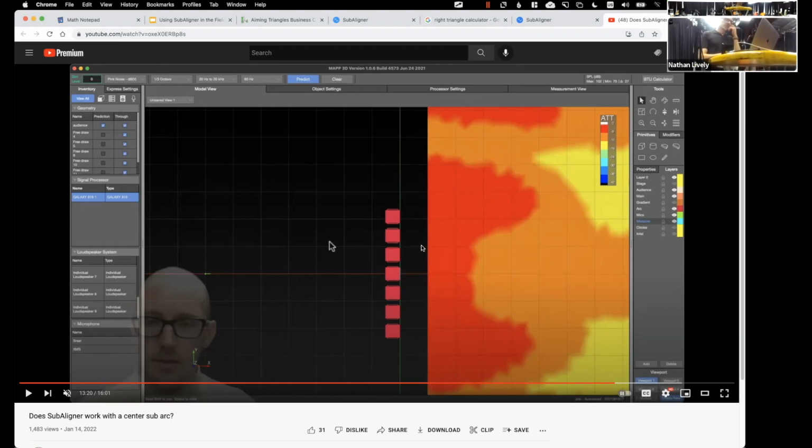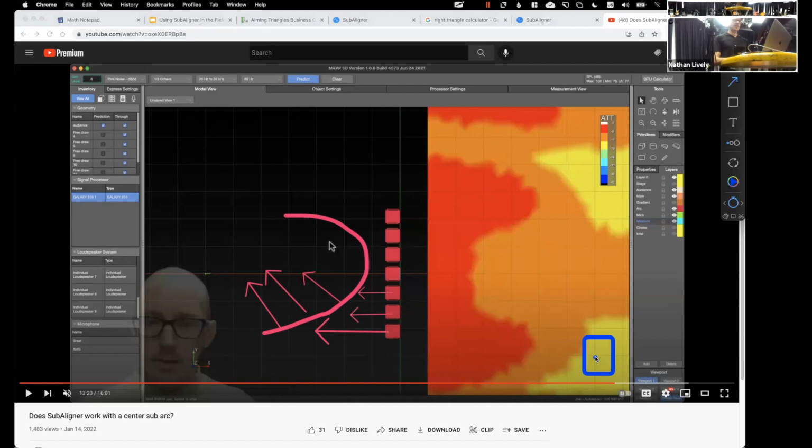Then measure each of these subwoofers solo and see which of them most closely approximates the combined reference. That way, when you get into the field, you can say, okay, I know that I need to measure from my alignment position to this subwoofer because that is the best proxy for the entire array.